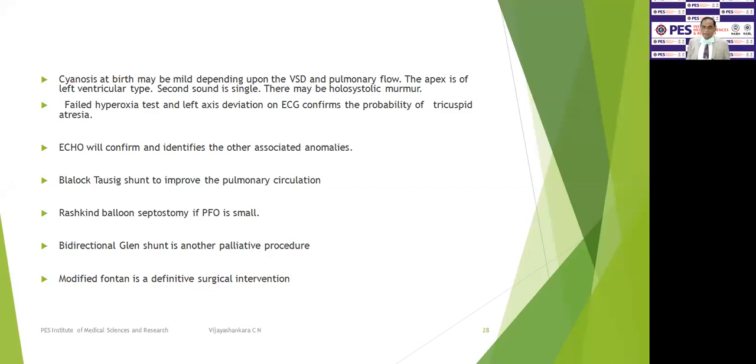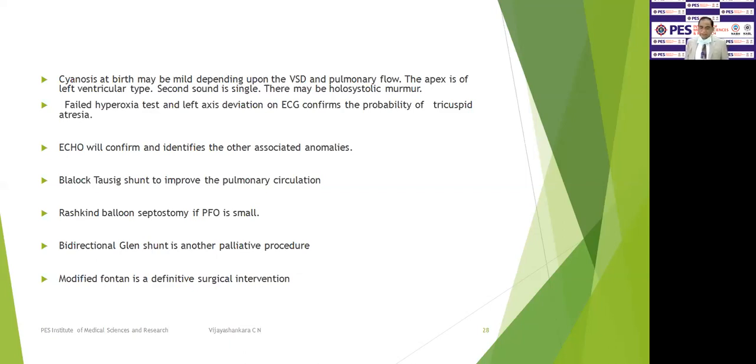Blalock Taussig shunt to improve the pulmonary circulation. Go ahead and do that. And then you can do a balloon septostomy, which we also do in transposition of the great arteries, to open up the ASD so that the blood flows into the left atrium and then into the systemic circulation.